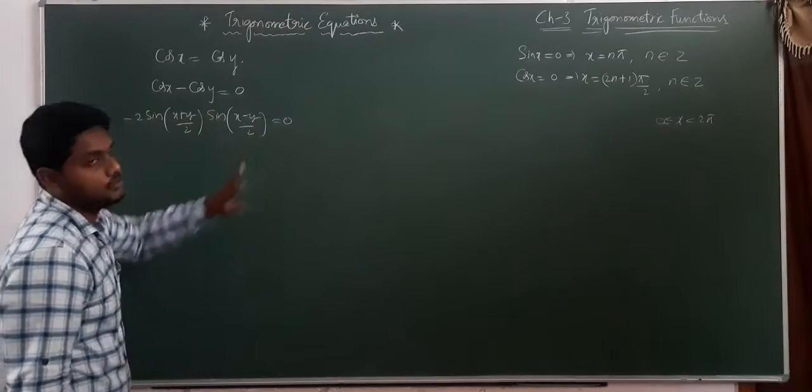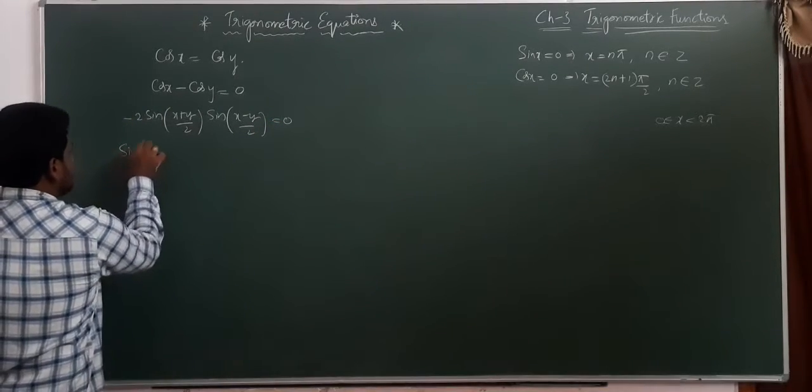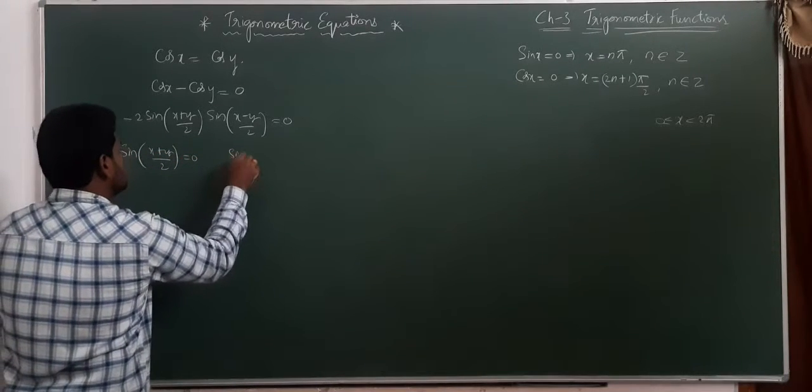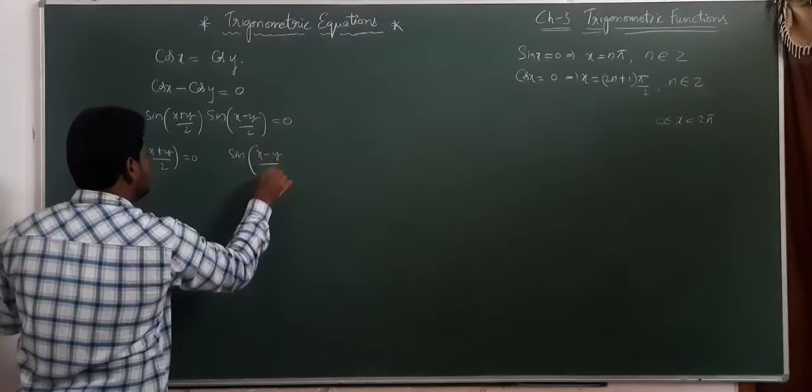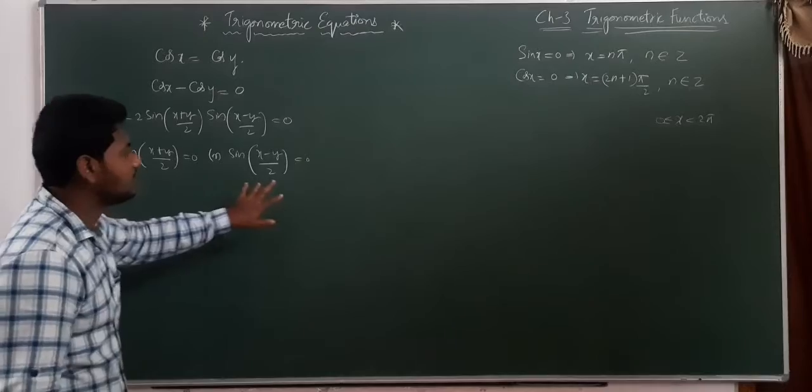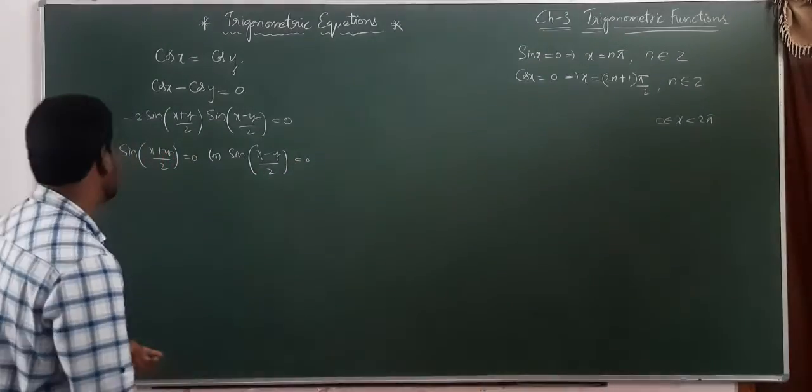Then the minus 2 is sent to the right side, and it becomes sin of x plus y by 2 equal to 0 and sin of x minus y by 2 equal to 0. Anything may happen, either this is equal to 0 or this is equal to 0 or both equal to 0.